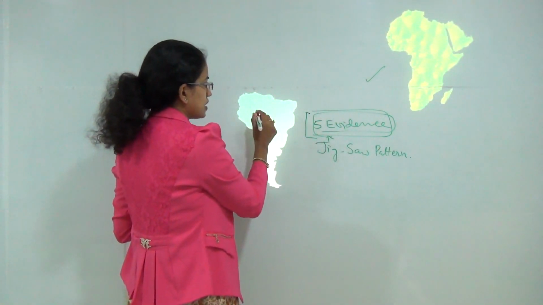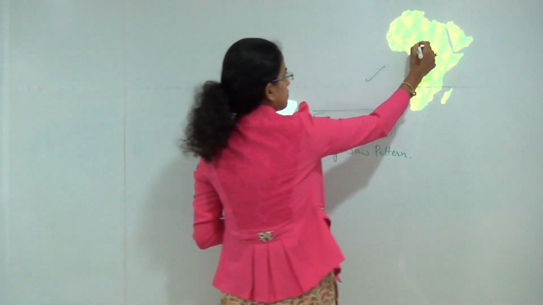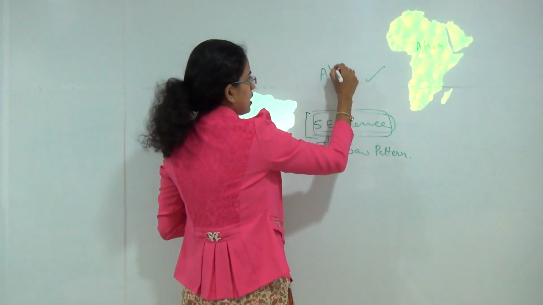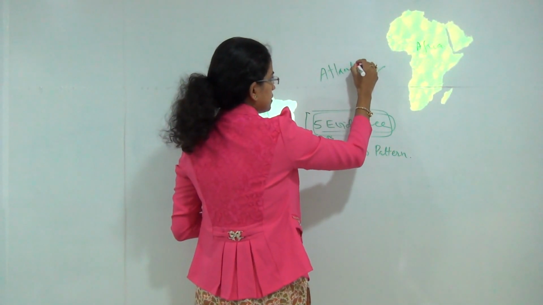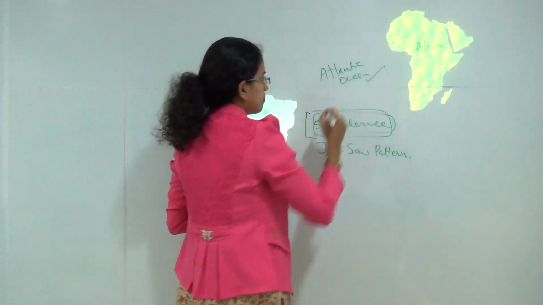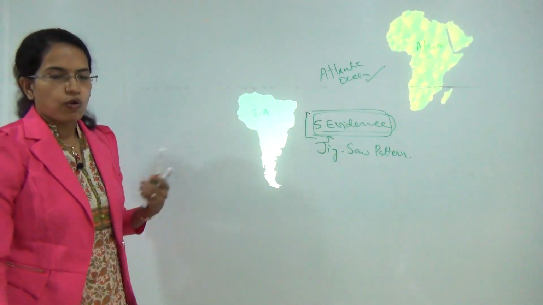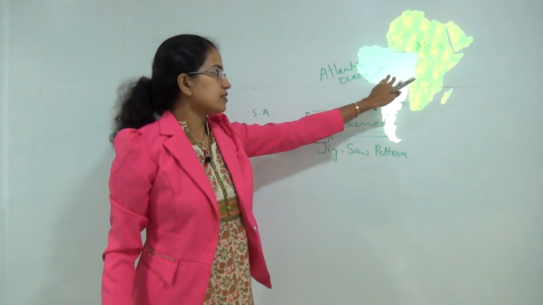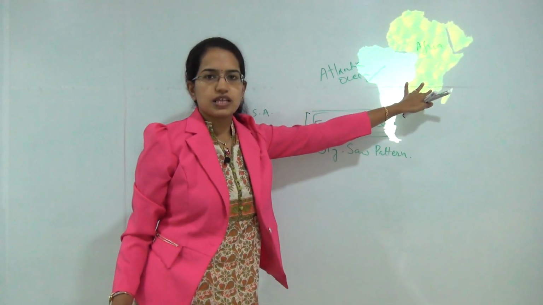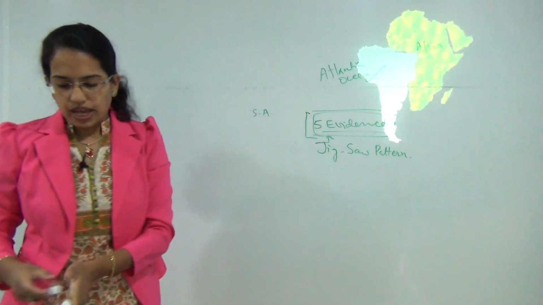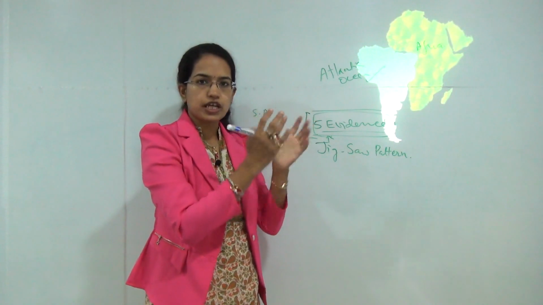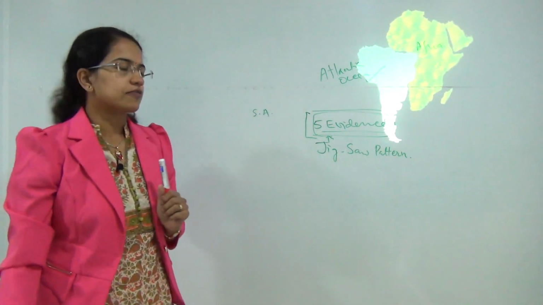So you have the South American continent here and the African continent here. In the present-day world, we can see the Atlantic Ocean here, but what Wegener believed was that initially the South American continent fit perfectly with the African continent, and he explained that this could have been a single landmass at some point of time.